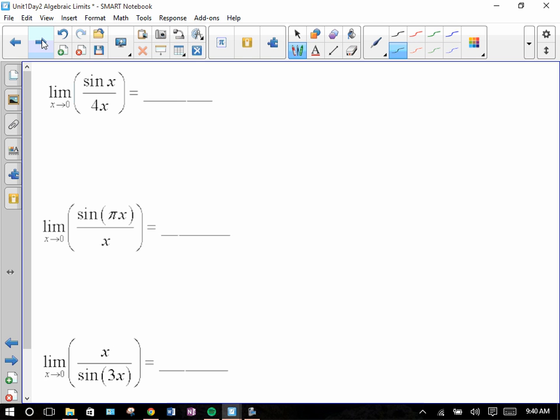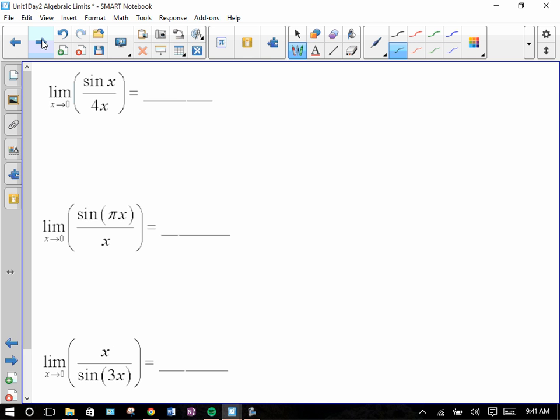Alright. So if we look at the limit as x approaches 0 of sine x over 4x, any ideas of what we're looking at here, like what we might do to find this limit? So, yes, we're going to need to use one of the properties. What else does this look like we probably are going to need to know?